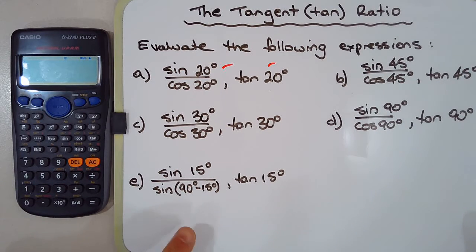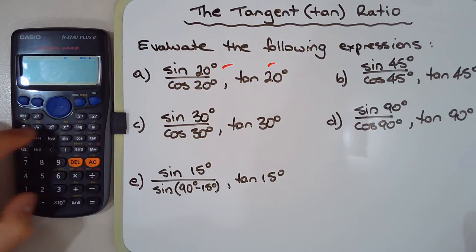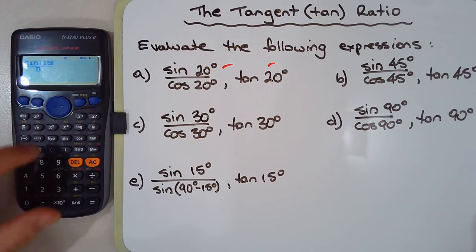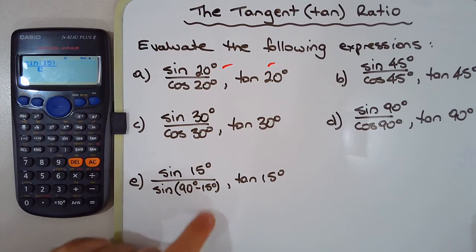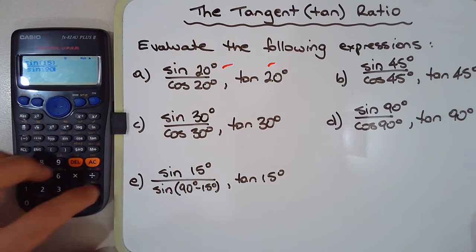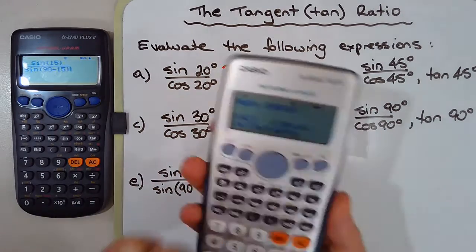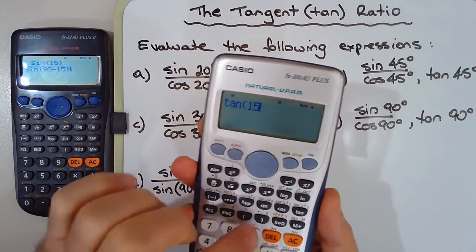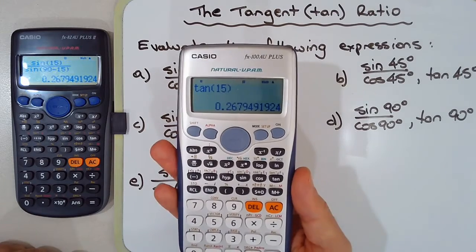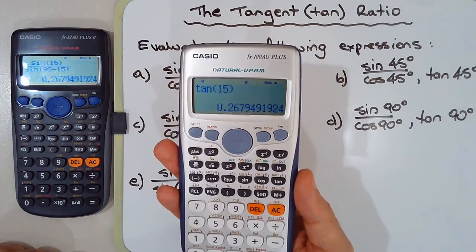I had to throw this one in. Okay, if you watched the last video, which is on the complementary ratios. Sine of 15 over sine of 90 minus 15. Now you should hopefully know what sine of 90 minus 15 is equivalent to. Be pleasantly surprised, and do try tan of 15. Who would have thought? Exactly the same answer.